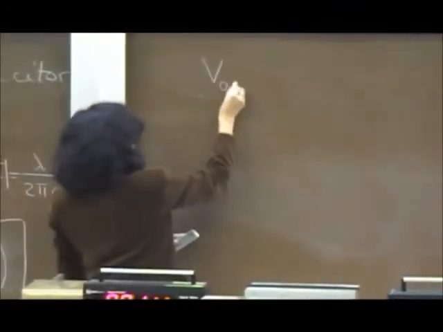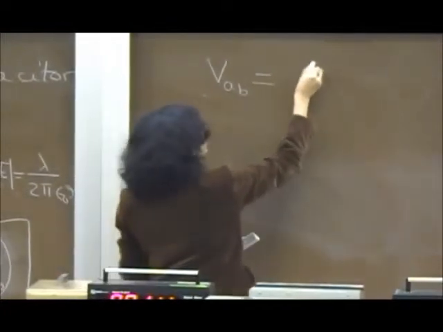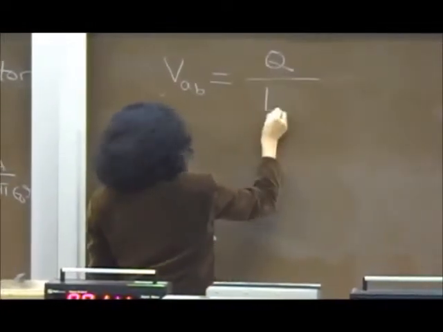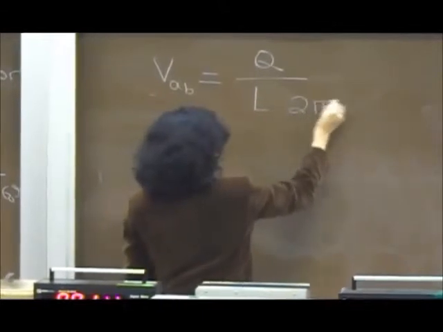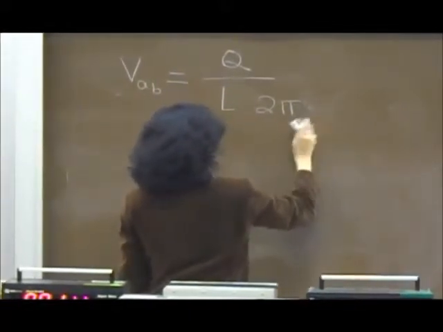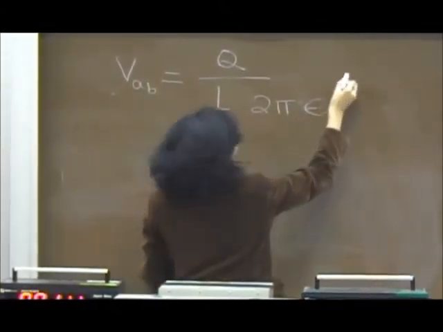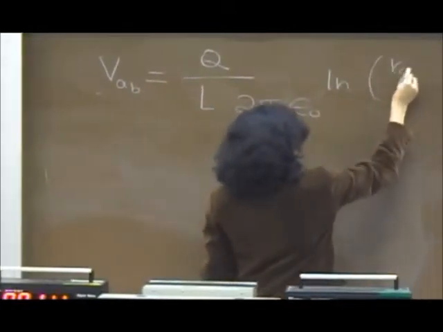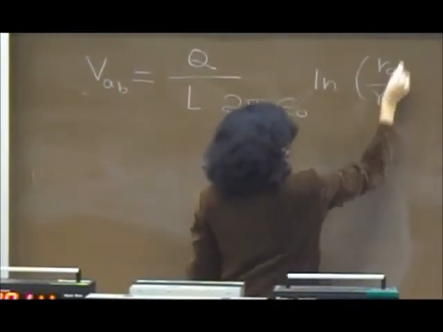So in other words, you can say that VAB is equal to charge per unit length divided by 2 pi epsilon 0 times log of RA over RB.